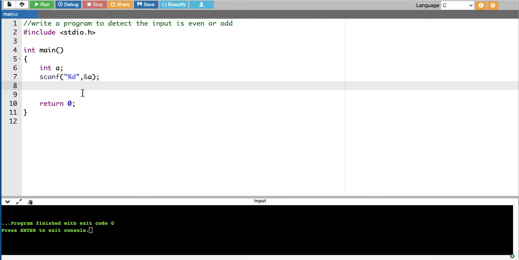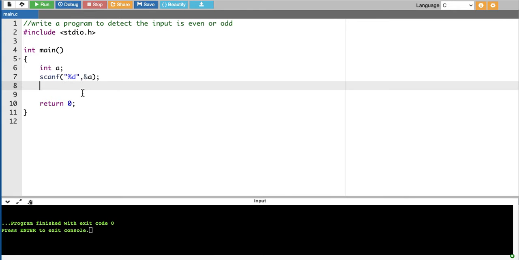Okay, now what I have to do, I have to check whether it's even or odd. So there should be some idea, like 2 is even. If I divide 2 by 2, then it gives remainder 0.